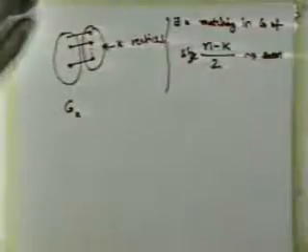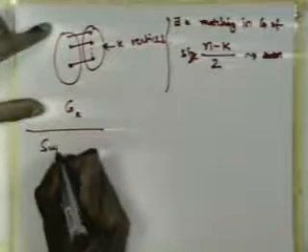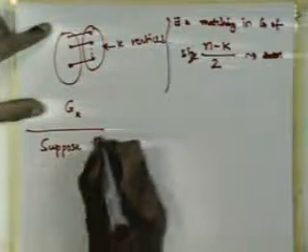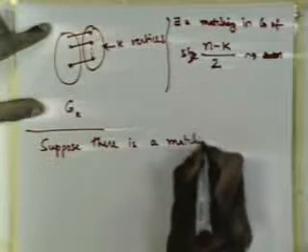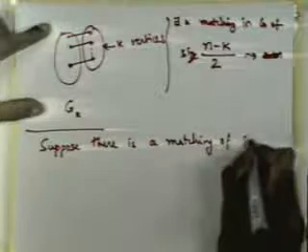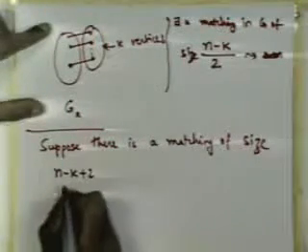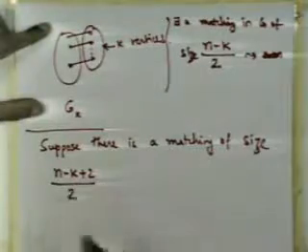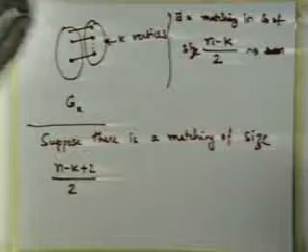So, if there is a matching of size larger than this, suppose there is a matching of size (n minus k plus 2) by 2, which is nothing but (n minus k) by 2 plus 1, one more edge.